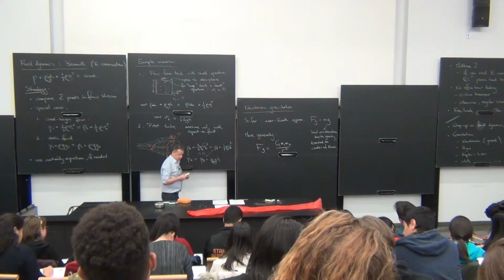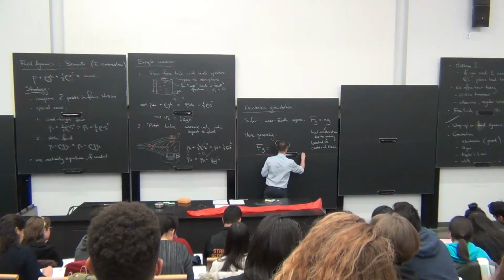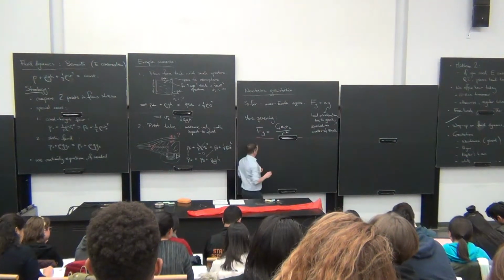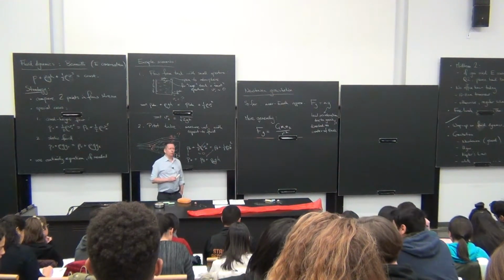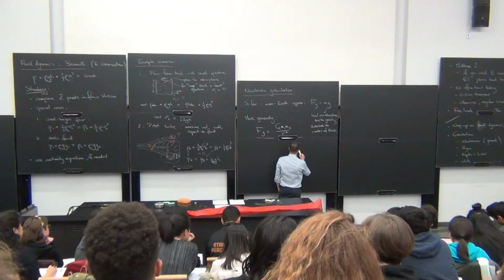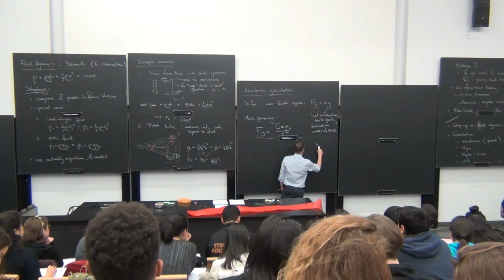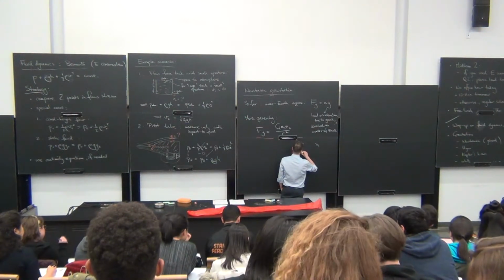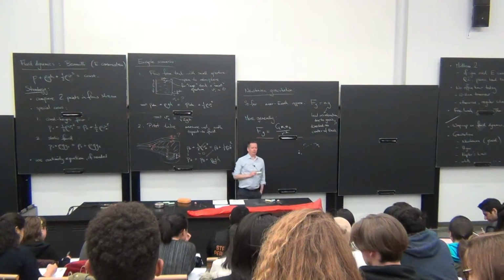Let's explore this briefly. I imagine many of you have seen this before. It's talking about the gravitational force between two masses, m1 and m2, which are at the moment going to be considered point-like masses. They are separated by a distance r.